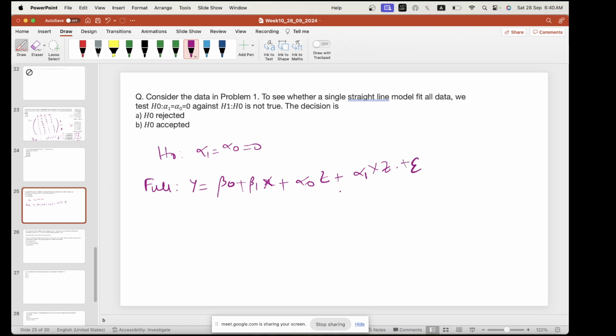This is the full model. Okay, so beta is actually here beta naught, beta 1, alpha naught and alpha 1, and we have obtained beta hat.